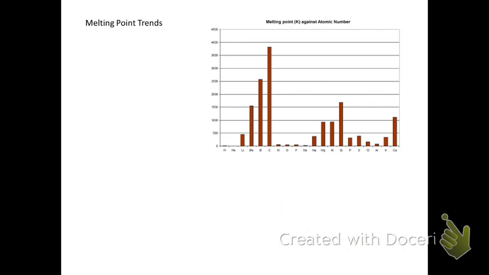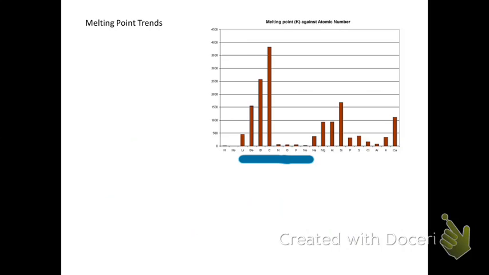And so we'll just look at period 2 because that will give us a better indication of what's going on here. So period 2 is going to cover lithium, beryllium, boron, carbon, nitrogen, oxygen, fluorine, and neon. Alright? So those elements here that we have underlined.